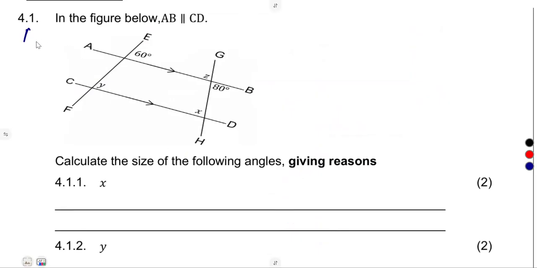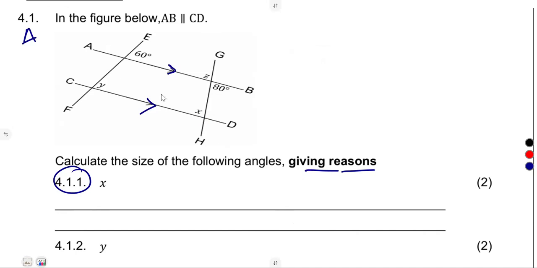On question 4, 4.1, we're given in the figure below, AB is parallel to CD. The indication of our parallel lines is given, and we are asked to calculate the size of the following angles, giving reasons. 4.1.1 x. So what is going to be the value of x here?